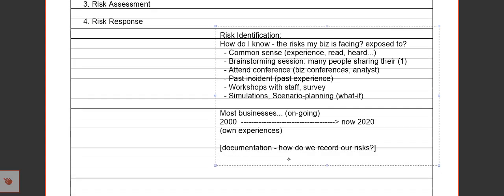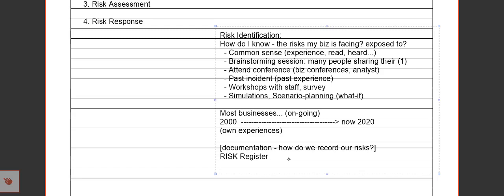Okay. Now, the approach we use is called having a risk register. Of course, you normally don't see this kind of thing in small businesses, but in the bigger companies you do.